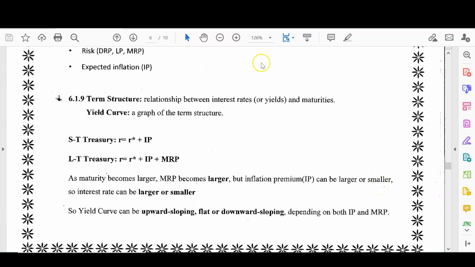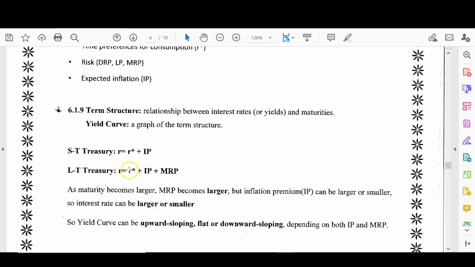Okay, so let me try to explain this better. If you look at the long-term treasury bond formula, R equals R star plus IP plus MRP. Imagine you have two treasury assets of different maturity. They should start from the same R star, the same real risk-free rate, the same inflation premium.